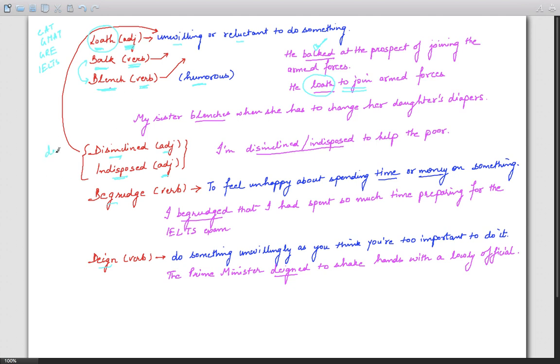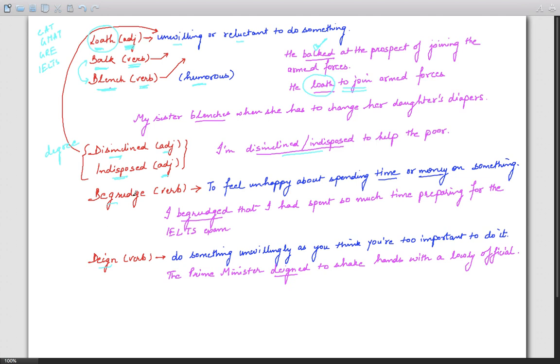Loath is a more emotional word. Disinclined and indisposed are more neutral words. For example, if I say, I'm disinclined or indisposed to help the poor people, that means I'm not willing to help them, but that does not mean I hate to help them. If you say I loathe to help the poor, it means you hate to help the poor.